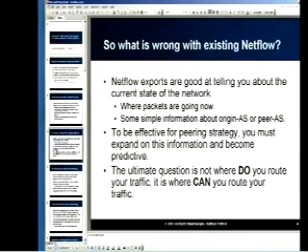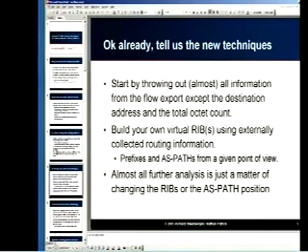So we take all the NetFlow information and we basically just throw out everything except the destination IP address and the number of bytes in the flow. This works really well with sampling techniques because we're just doing a statistical analysis to figure out where our traffic goes. We don't have to worry about aliasing. We don't have to worry about absolute metrics. We're just trying to get a statistical average of where the traffic flows inside of our network and to other networks.